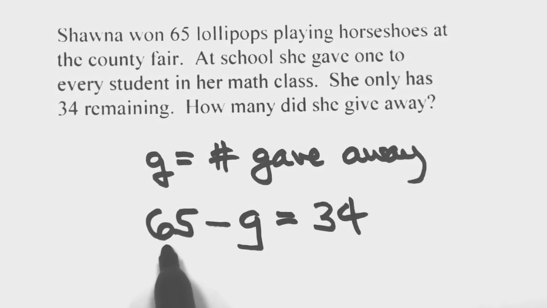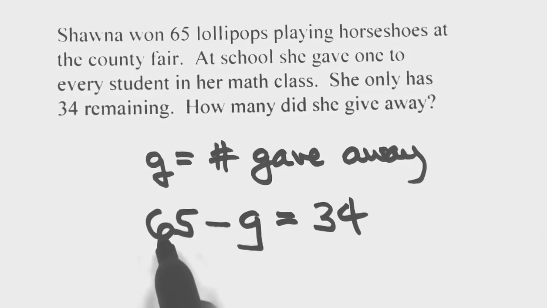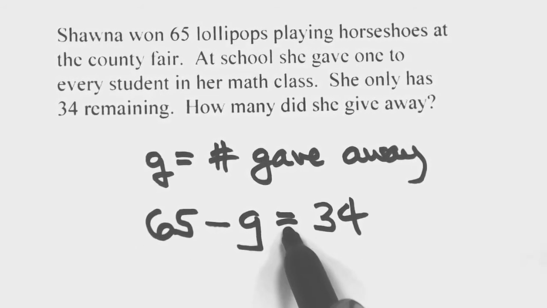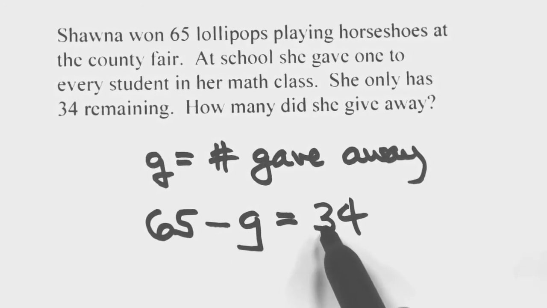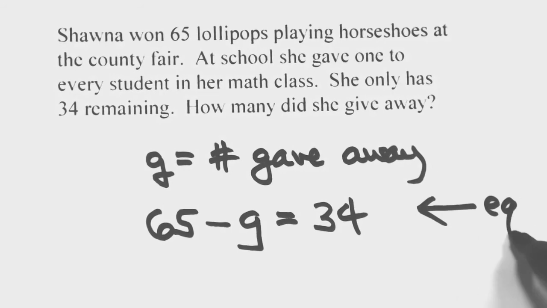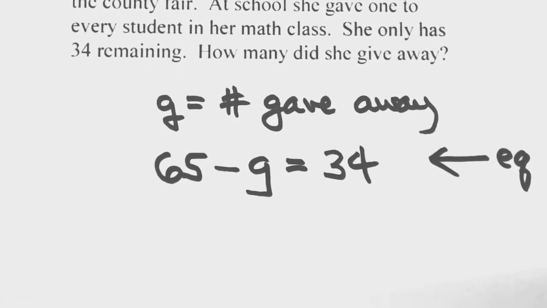So originally she had 65. She gave away some here. We're using the letter G to represent that. And of course the ones she gives away reduce the amount, so that's how come we have the minus. And of course then what she has left after she does this is 34. So there's our equation. You could have put it in slightly different forms, but that's the idea.